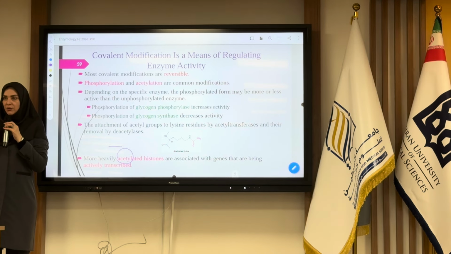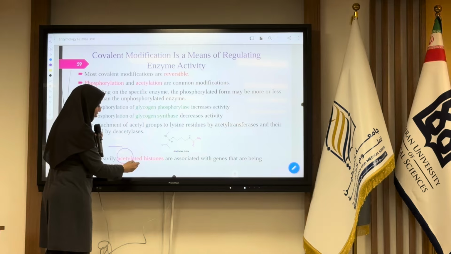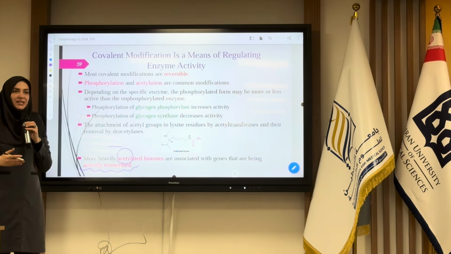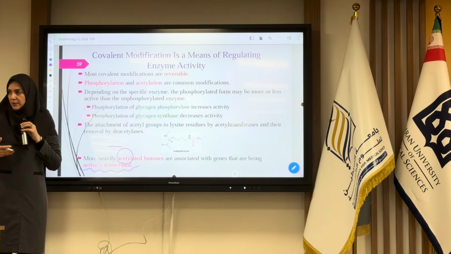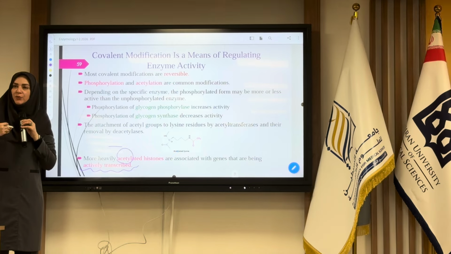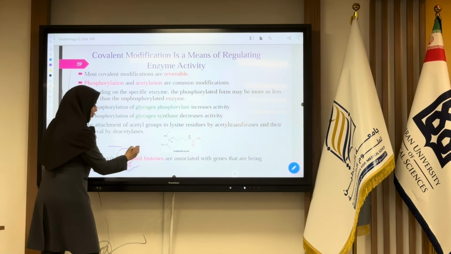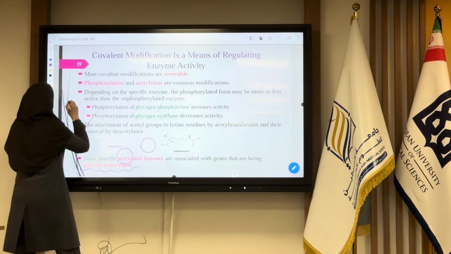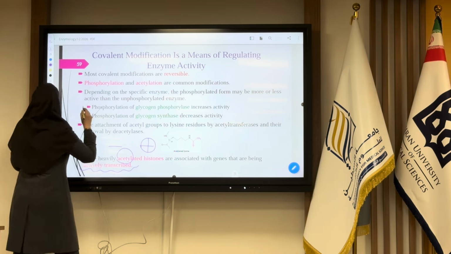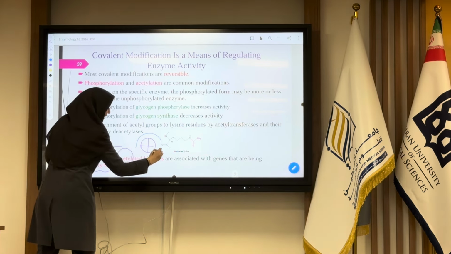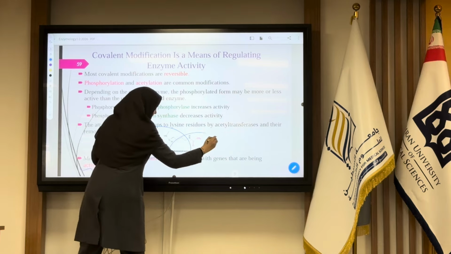Okay? And whenever you have a very active gene, for example, some genes are transcribed a million times. When they want to transcribe for a long time, the histone, this is for example a histone molecule, protein around the DNA. Okay? For example, this is the DNA.